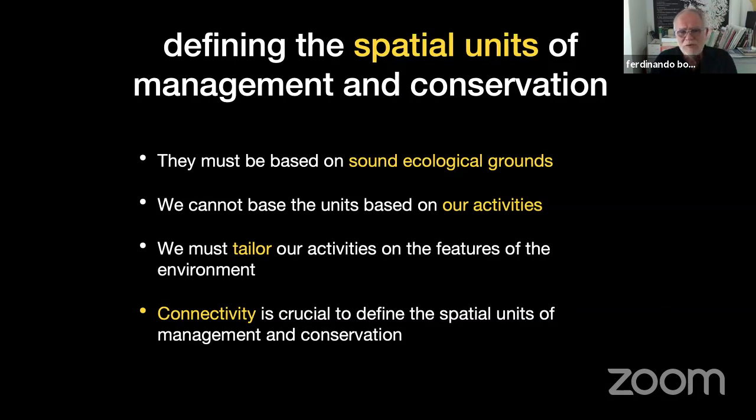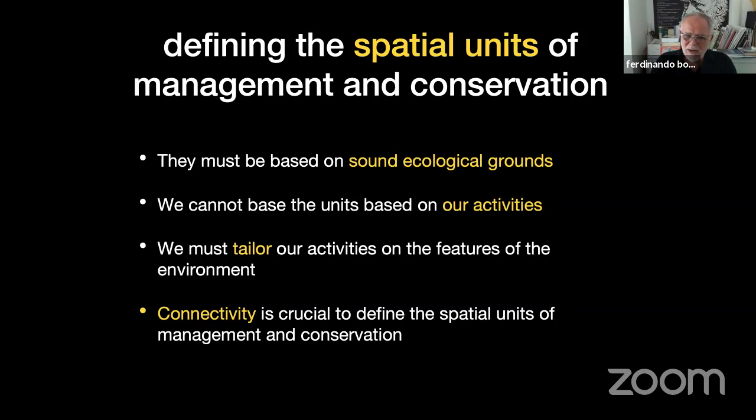So we have to define now these in space. So we have to define spatial units of management and conservation, and they must be based on sound ecological grounds. We cannot base these units on our expectations.